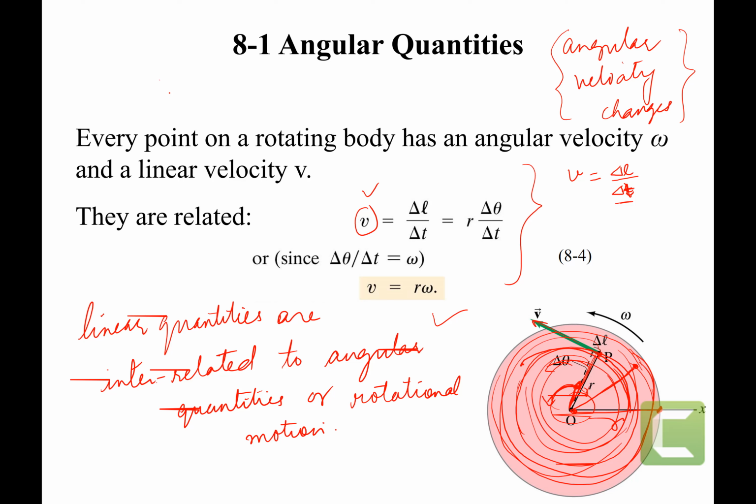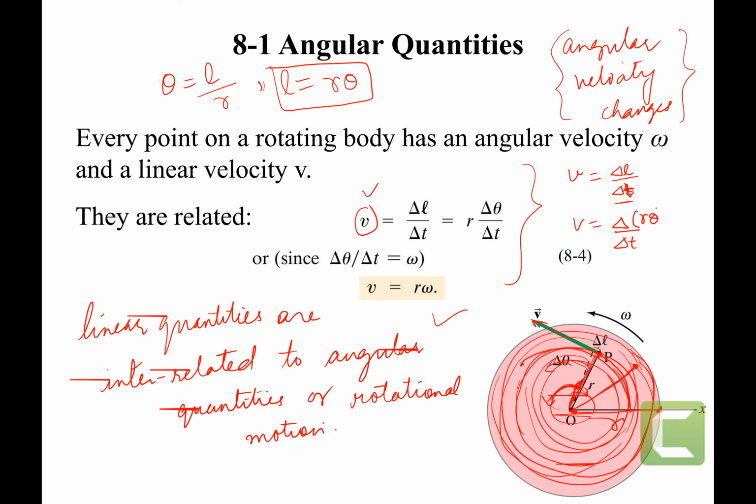Earlier I determined a relationship between theta, L and R, and I told you to watch out because we'll need this to define other quantities. So L is equal to R times theta. So instead of writing v equals delta L over delta t, I will write R times delta theta in place of L.